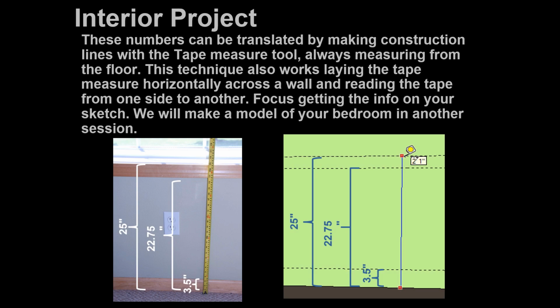What you do then in SketchUp, when you end up drawing it, which by the way, we're not doing yet, you just need to get the numbers first, is offset up 3.5 using the offset tool, offset up 22.75, offset again to 25. And now I've got these lines that I can snap to. So in other words, don't measure a lot of little partials. Put the stick down on one side and drag it across to the other side of the room, and then just do parts and pieces, or from the bottom to from the top. Just kind of figure it out.